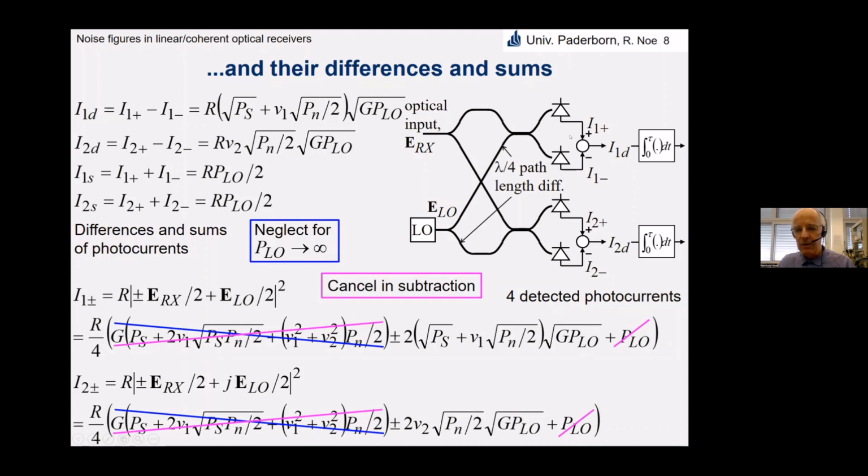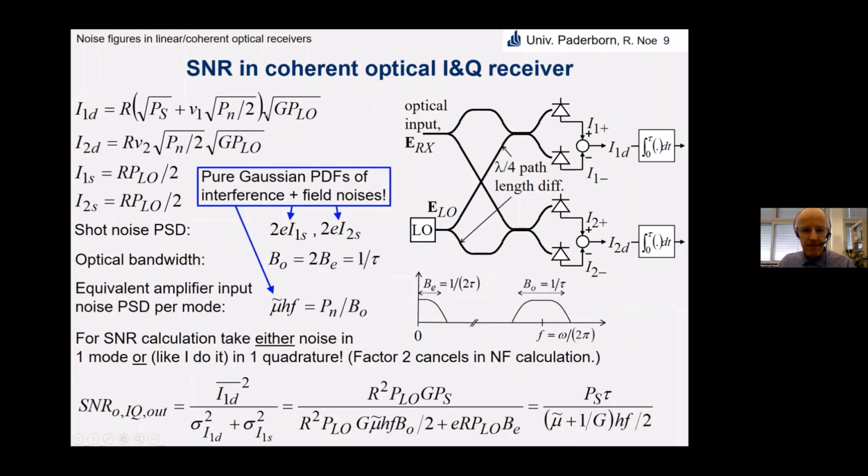We look only at the in-phase part. We take the difference with plus and minus signs, so the interference term adds. And this is my difference current with the in-phase noise of the optical amplifier. In the second difference term, we have the quadrature noise of the optical amplifier, but that's not interesting here.